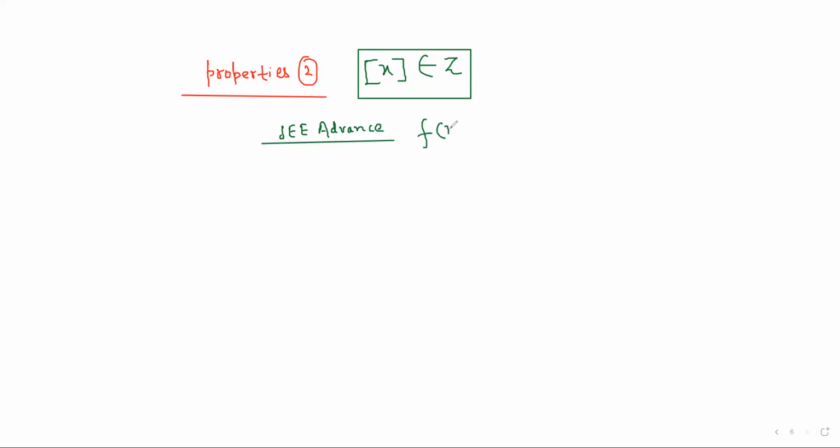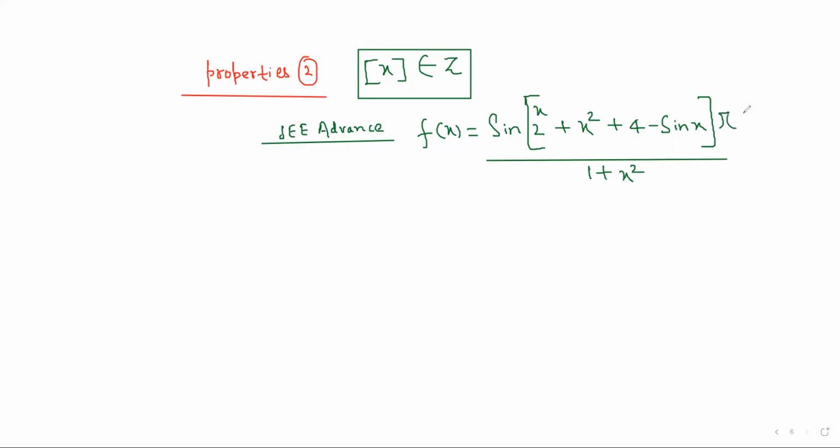The question is: f(x) is equal to sin(2^x + x^2 + 4) minus sin x, and this represents the greatest integer function, divided by 1 plus x^2, into pi.